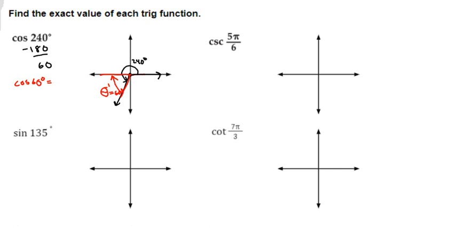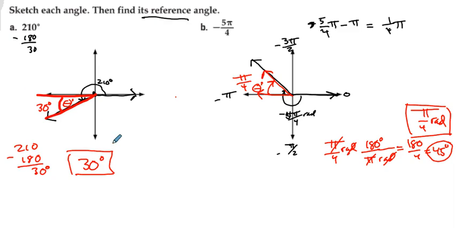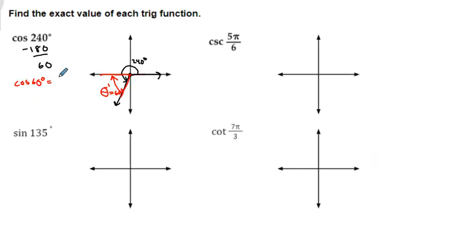To do that, we'll look at our charts. The 60 degrees are all down here, and the cosine of 60 degrees is 1/2. Now we say, okay, we are in this quadrant right here, so we're in quadrant 3. Remember, it's 1, 2, 3, and 4, counting counterclockwise, starting from here.